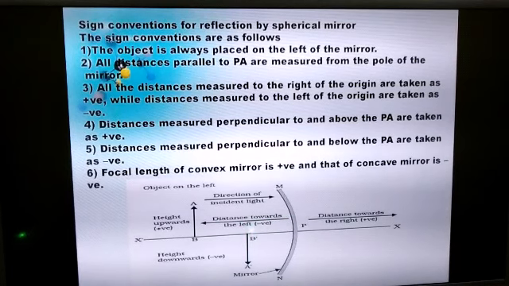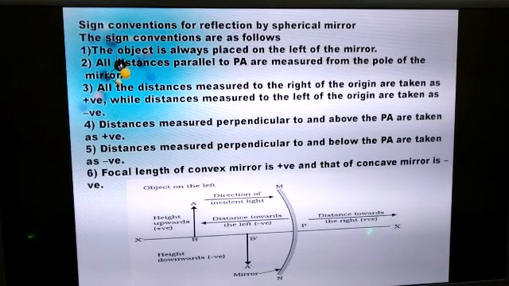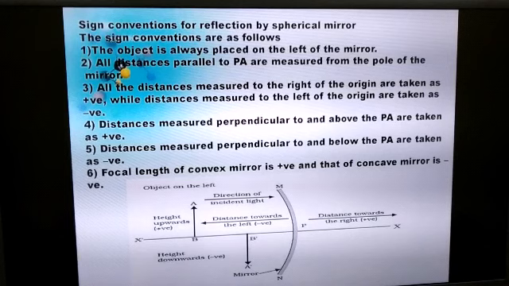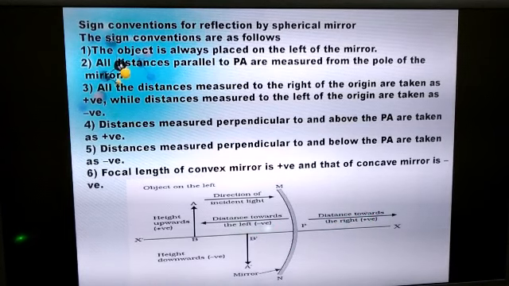If the image is formed on the left side of the origin, then image distance will be negative. If the image is formed on the right side of the pole, or on the right side of the origin, then image distance will be positive, because according to sign convention, whatever distances we measure towards the right of the origin are positive, and whatever distances are measured to the left of the origin are taken as negative.